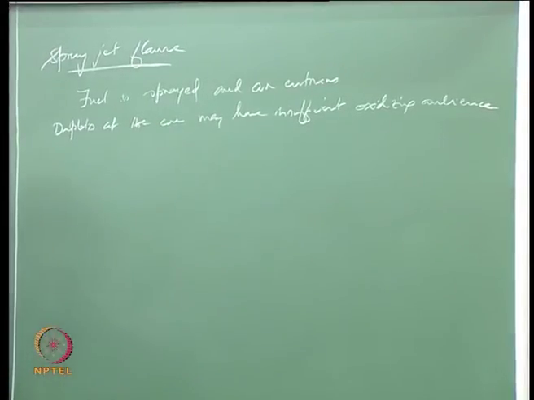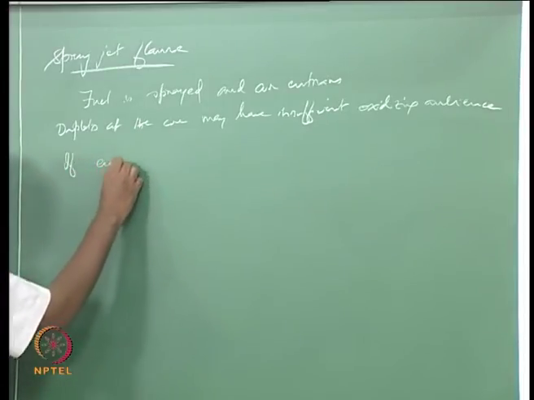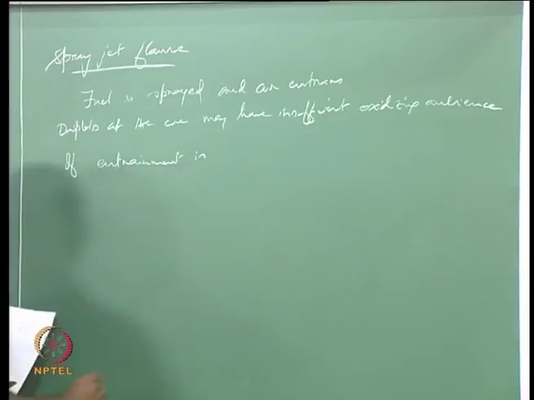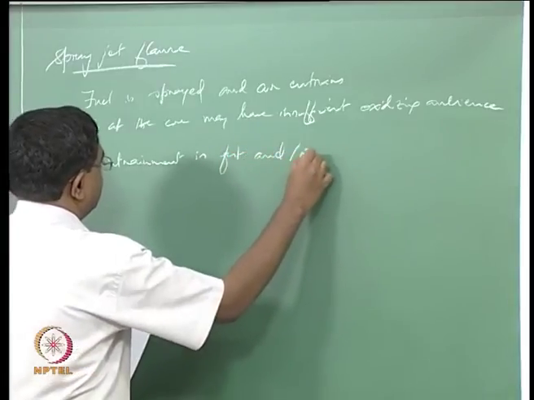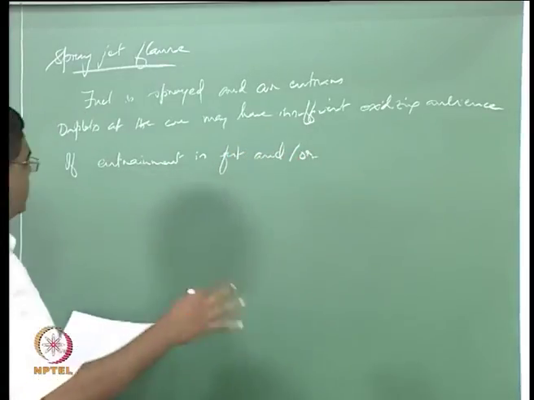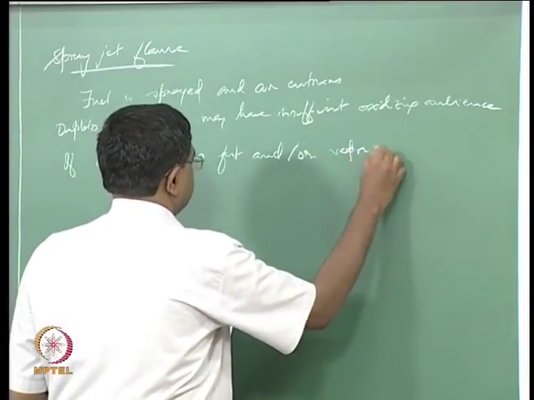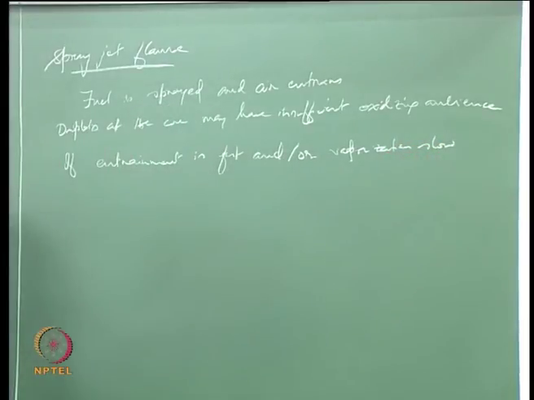Now, what you have to look at is the competition between entrainment and evaporation. So if entrainment is fast and vaporization slow, so entrainment is faster, vaporization is slower, then what do we expect?